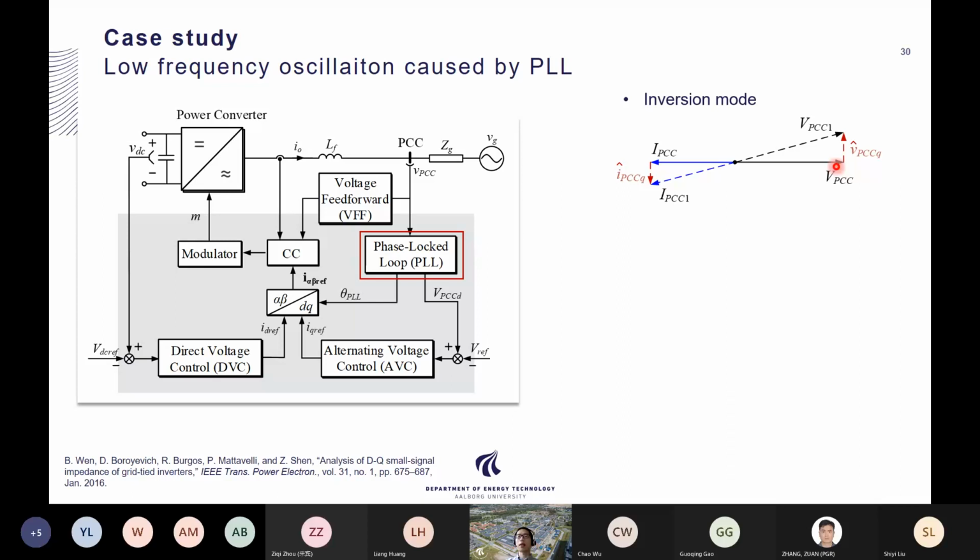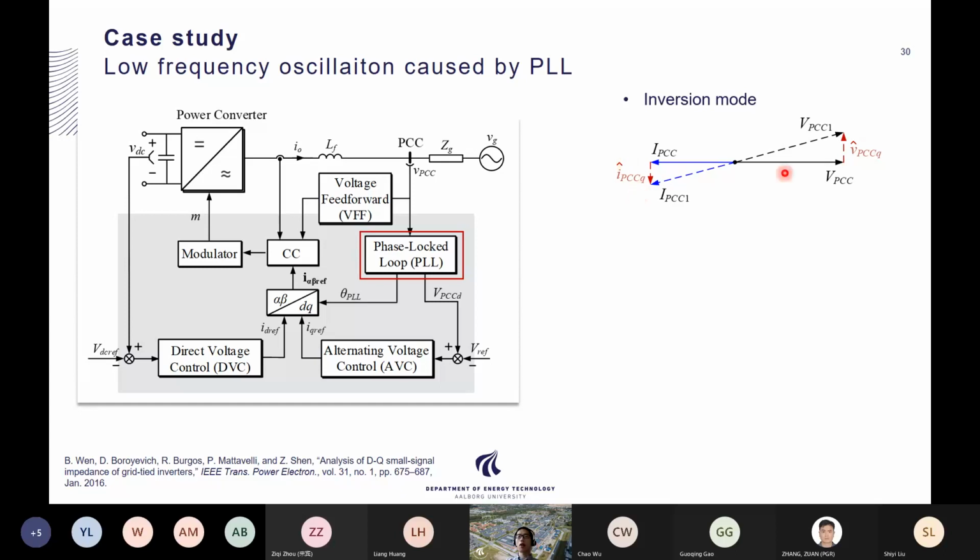Then we assume that there's a small voltage perturbation at the grid side. For example, after this perturbation, VPCC is changed to VPCC1, and because the phase lock loop is always used to synchronize the current with the voltage, the current will change accordingly to synchronize with this voltage.